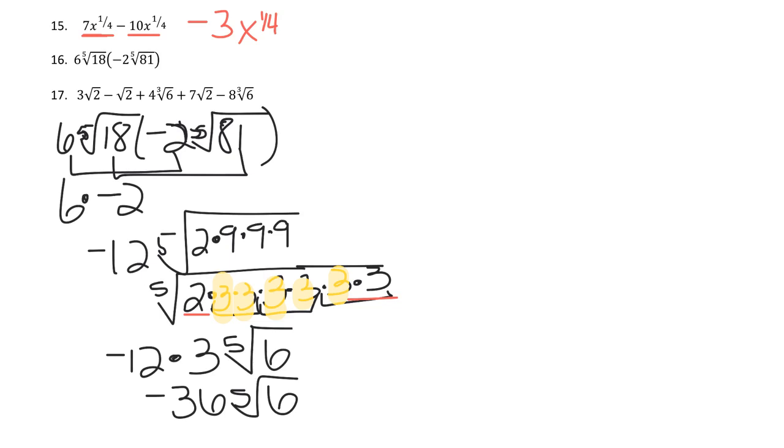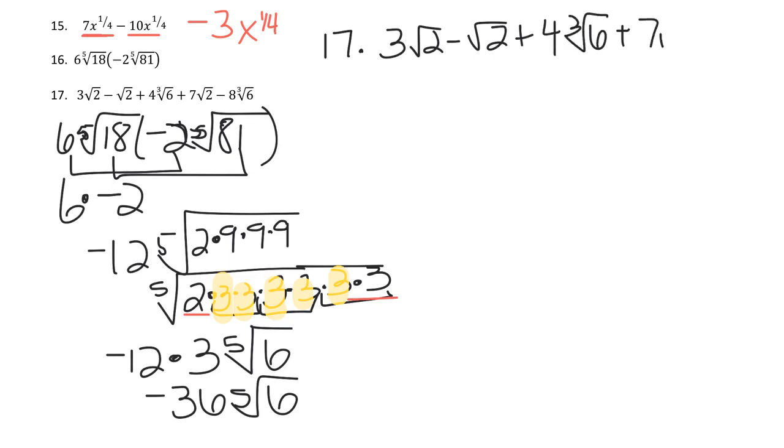And then number 17, this is the last one in this set of problems. We have 3 radical 2 minus radical 2 plus 4 cube root of 6 plus 7 square root of 2 minus 8 cube root of 6. So these are like terms here.